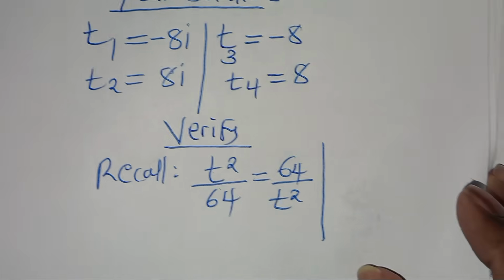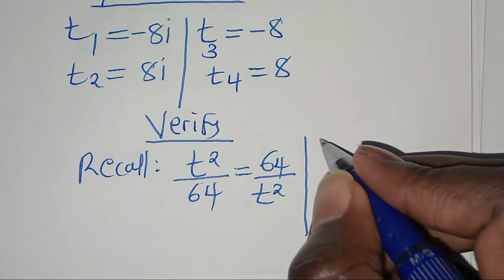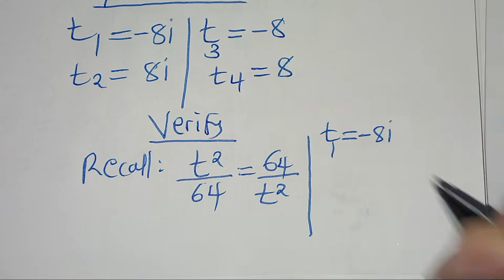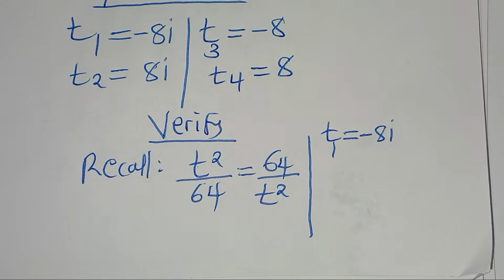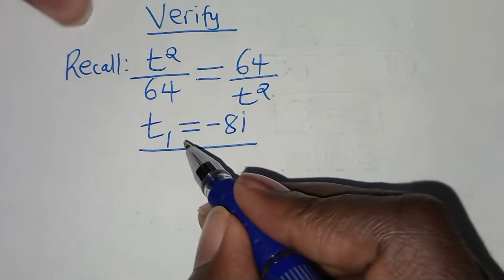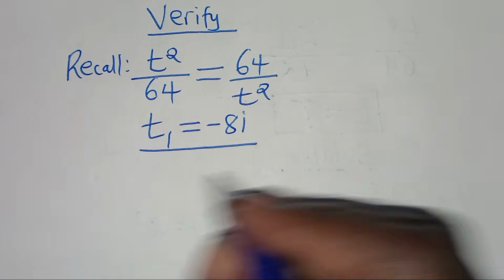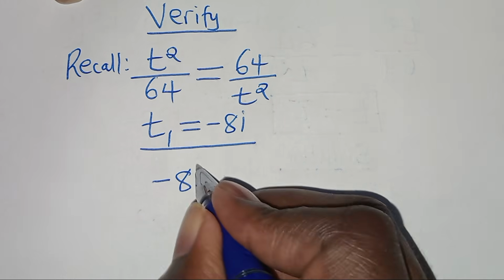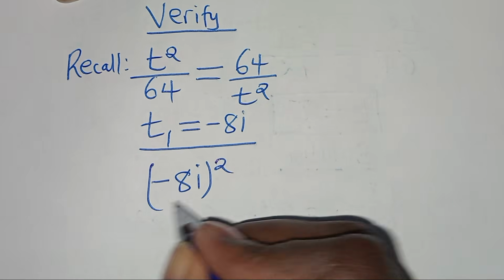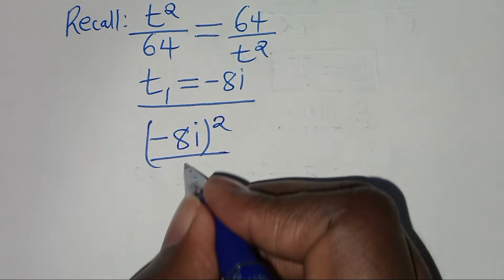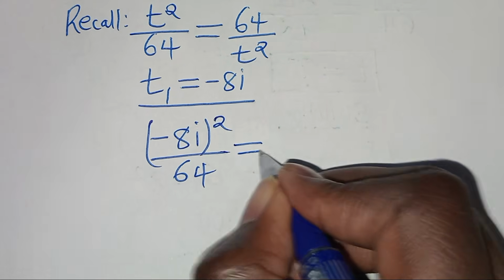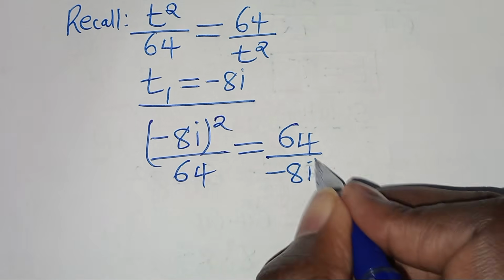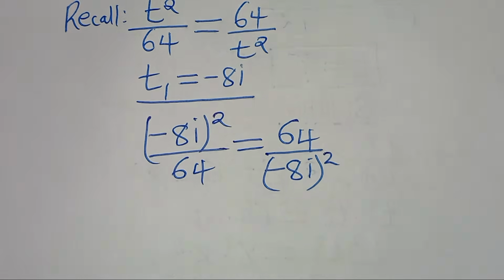Let's start with t1. In this case, we have t1 equal to negative 8i. Let's substitute here to verify that t1 satisfies the equation. We have minus 8i raised to power 2 over 64, which is equal to 64 over negative 8i raised to power 2.